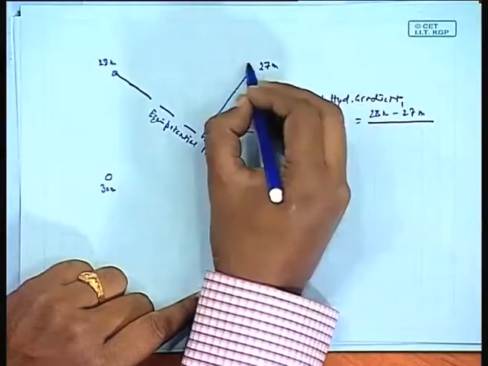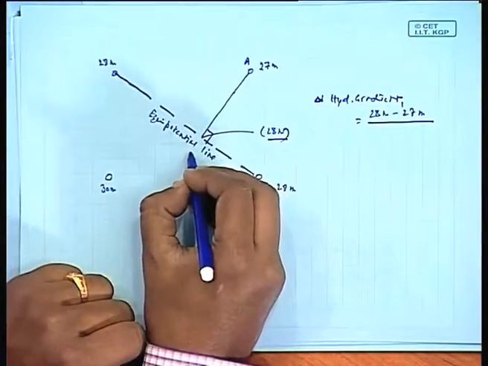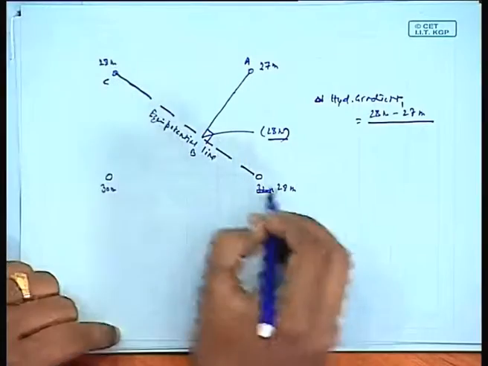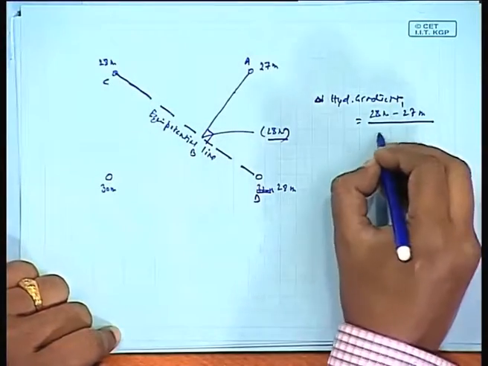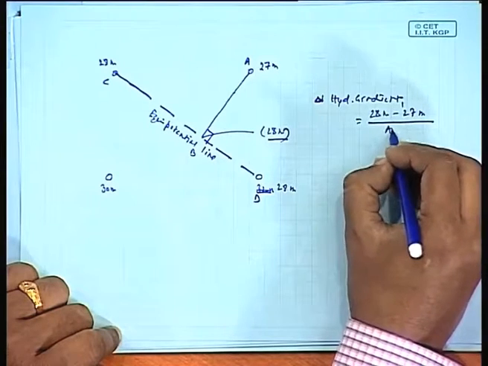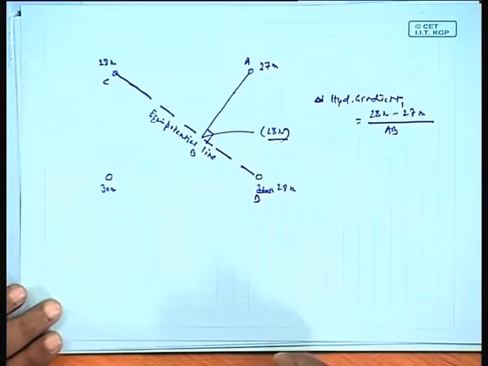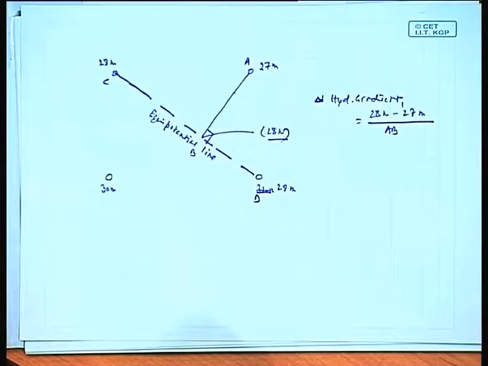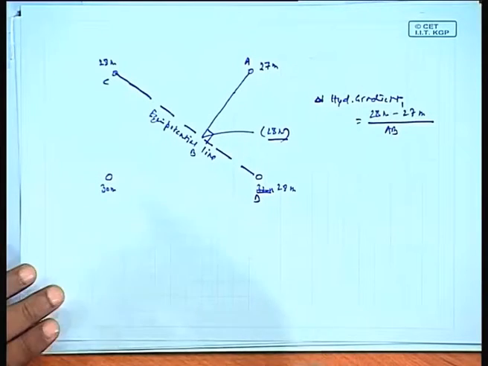Say we mark it A, B, C, D. If this distance is measured, we can find out the hydraulic gradient, isn't it? This is one value of hydraulic gradient that we obtain. Any confusion? No confusion, so it's okay.